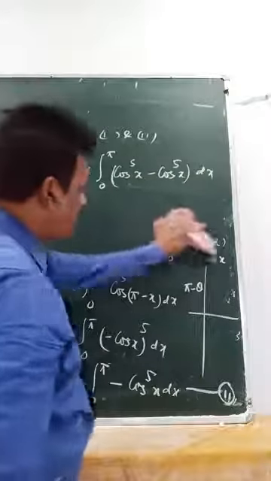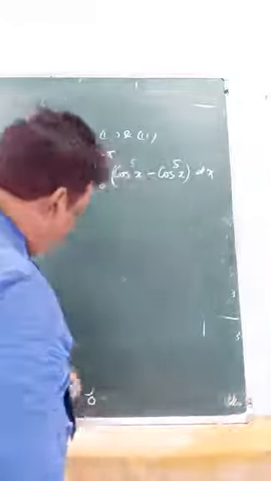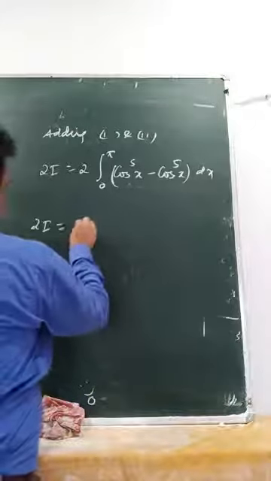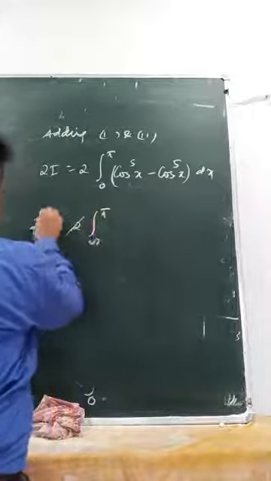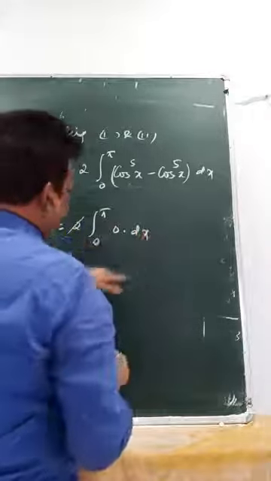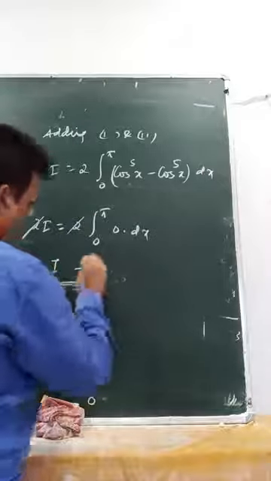So 2i will become 2 times 0 to pi, 2 second cancel, 0 dx. 0 dx means total integration is 0. This is your answer.